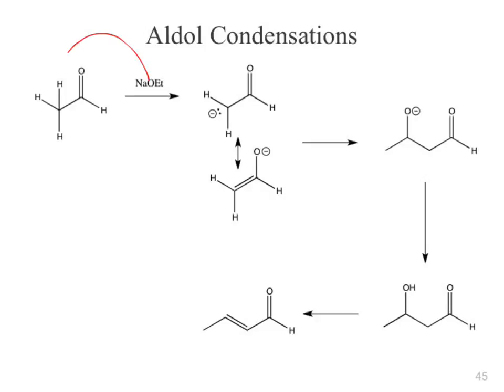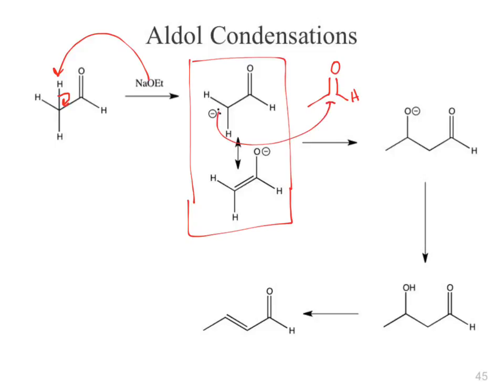The base removes a hydrogen. Why can it remove a hydrogen? It's an acidic position due to that alpha position. Okay. We then have a resonance stabilized nucleophile, which can react with a second molecule to give us our charged intermediate.